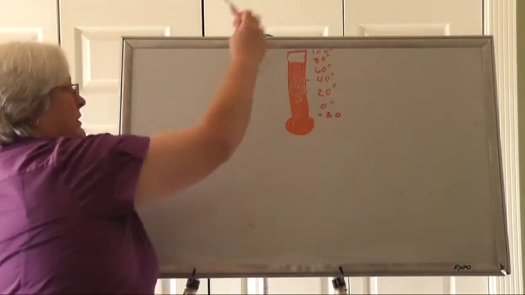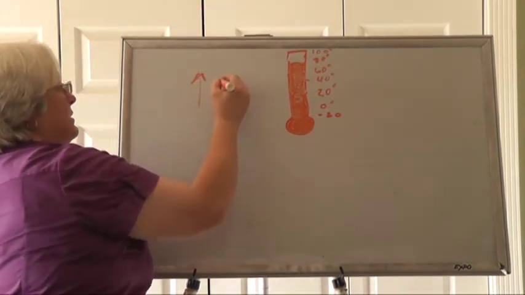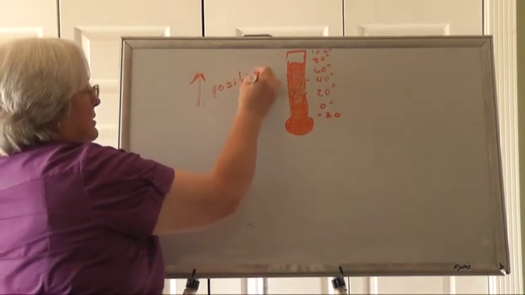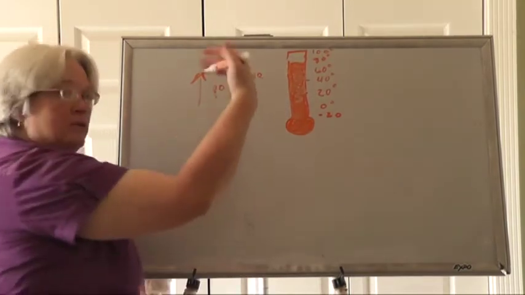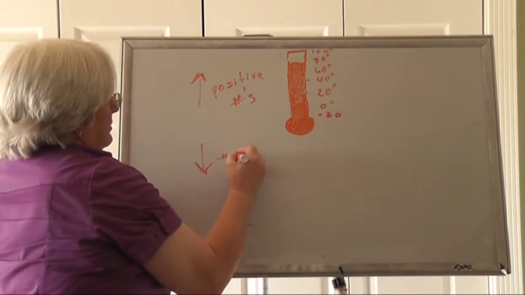In the vertical direction, going up, is positive numbers, and the further down it goes, that's a negative number.